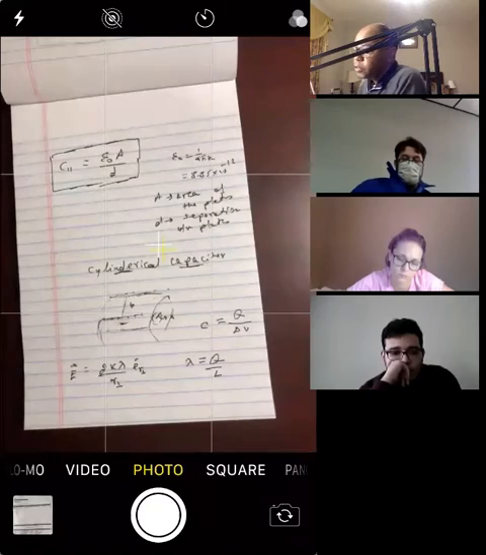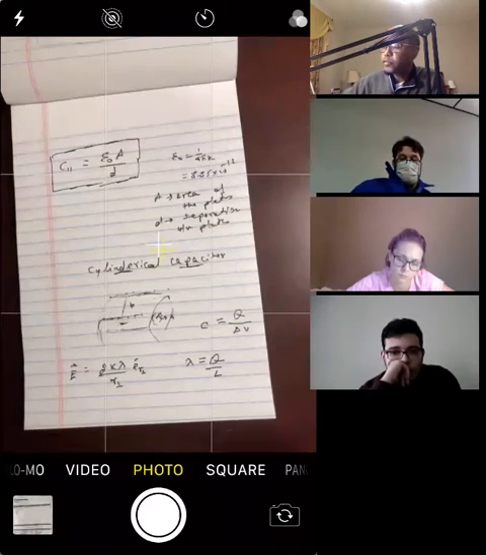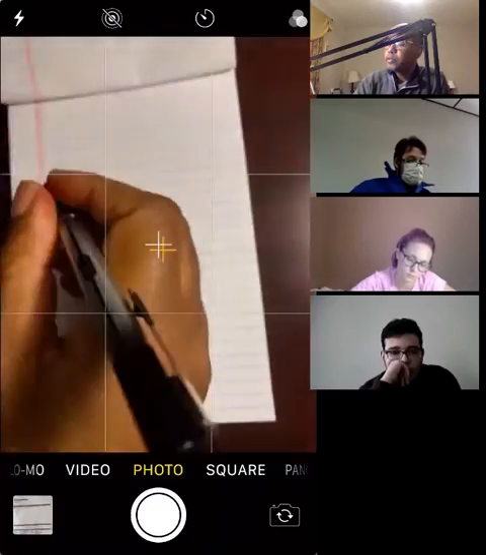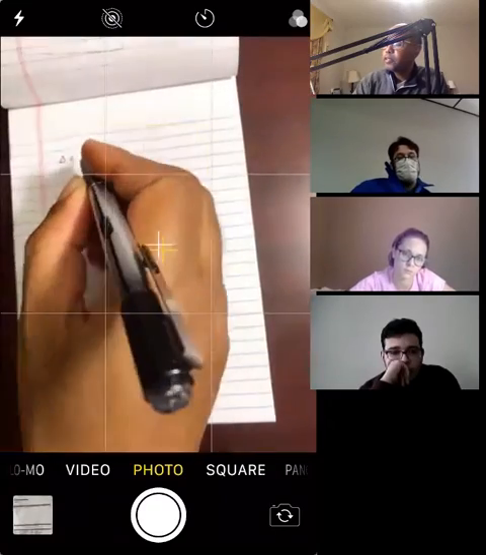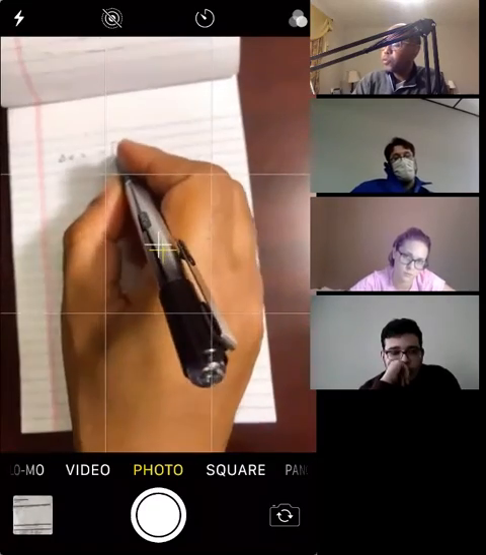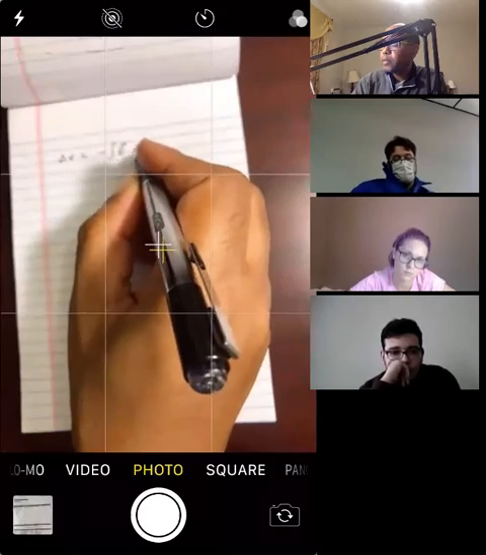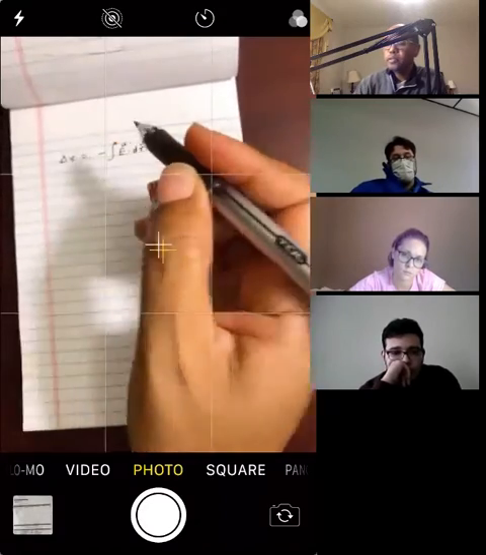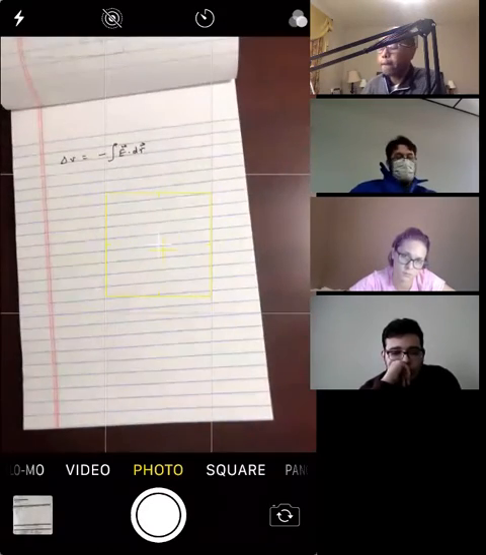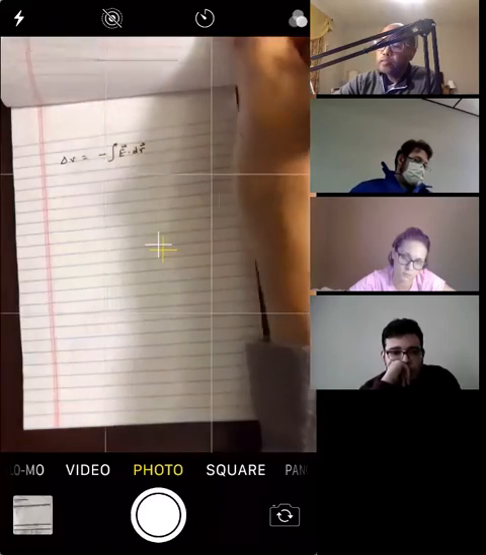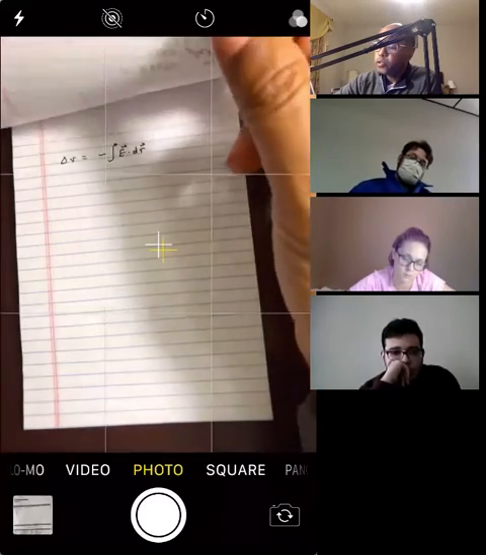Okay, so now we have to find the potential difference. The formula for potential difference, if you remember, is this one: delta V is the negative of the integral of the dot product between E and the path element. This is the definition of electric potential. Now, the electric field is conservative, so we can choose any path we want.